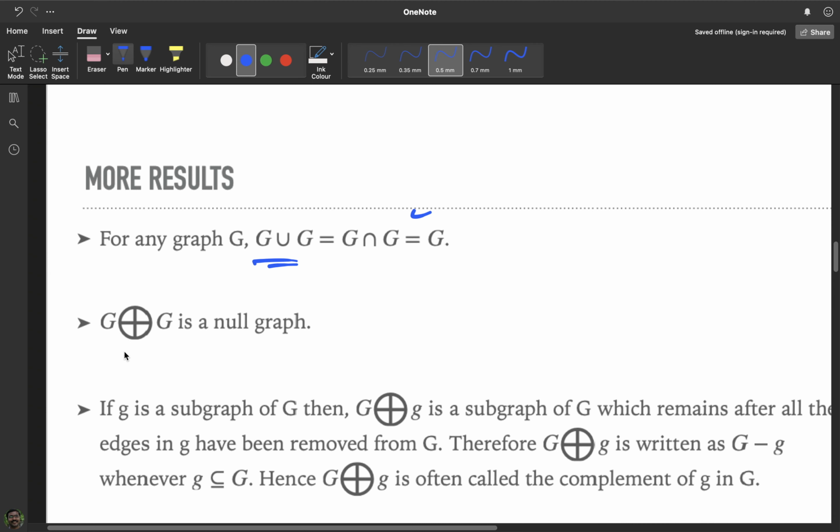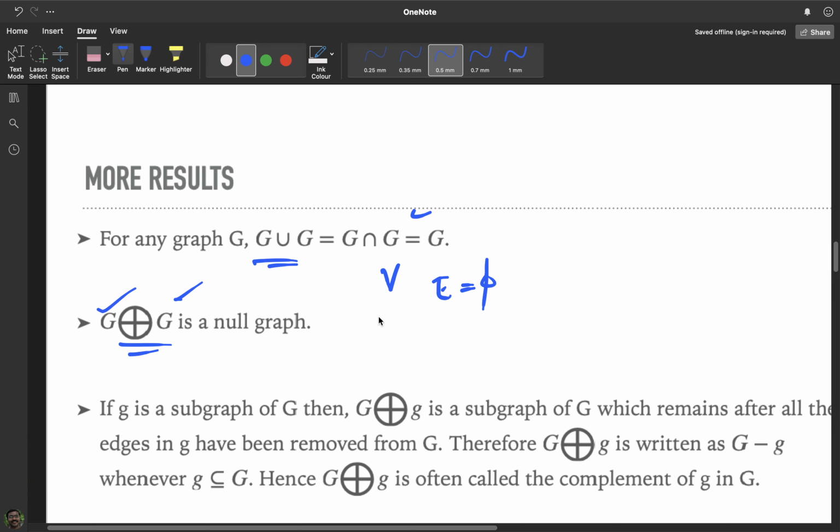Okay, and G ring sum G, what will G ring sum G be? Basically, if you take G ring sum G, the vertex set would be the same, but the edge set would be empty, because both these graphs are just the same. So that means the edges are lying in both G and G itself. Therefore, you won't get any edges which are not in both of them.